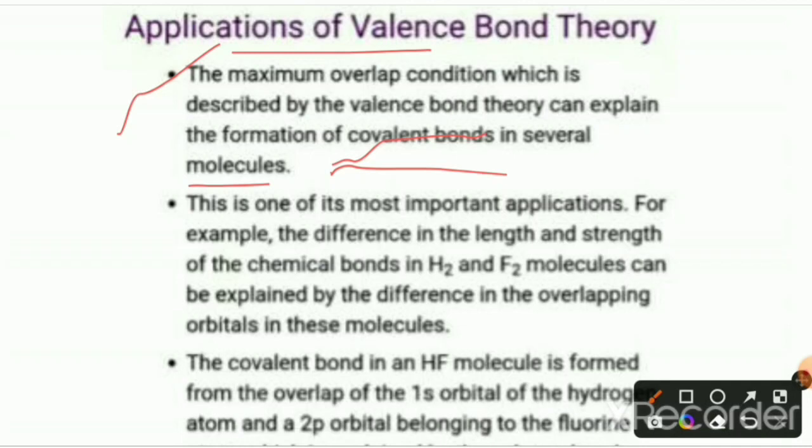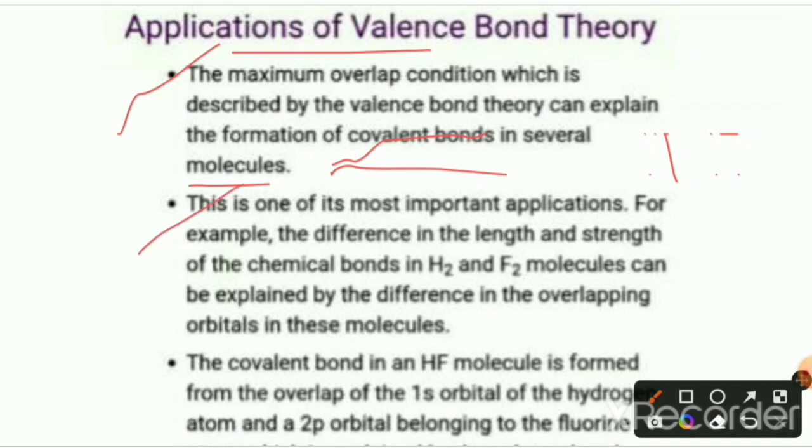Hydrogen atoms combine together to form an H2 molecule, and a hydrogen atom and a chlorine atom combine to form HCl. So the first application is that it explains the formation of covalent bond.